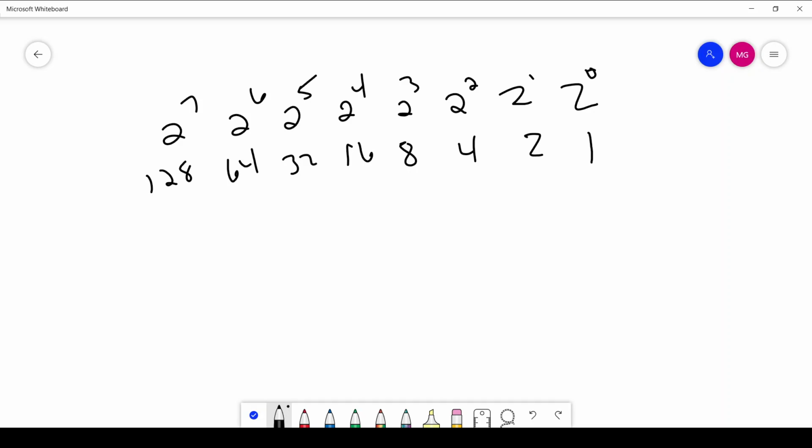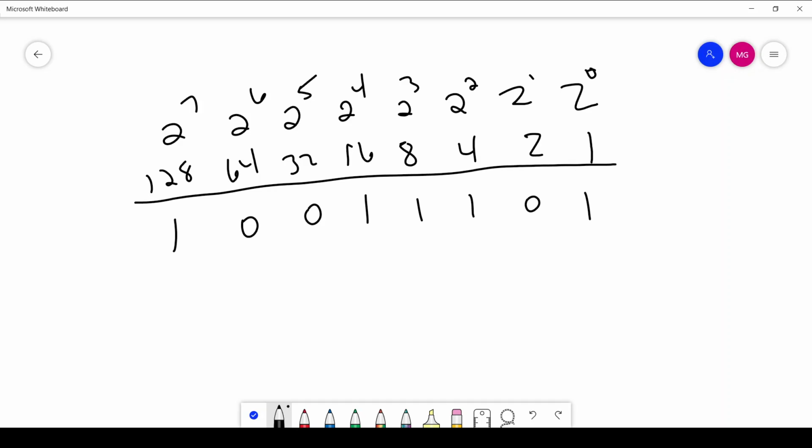And we're going to do it much the same way we did with that base 10 process a little bit ago. So I'm going to just make up a little binary number here. So here's my binary number, 1001 1101. Okay.